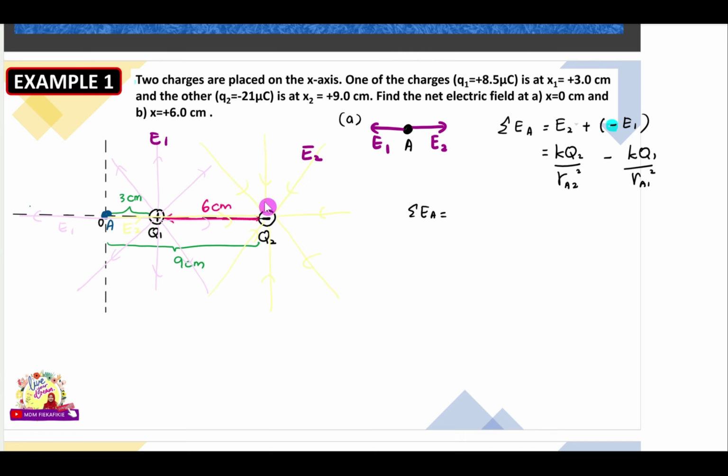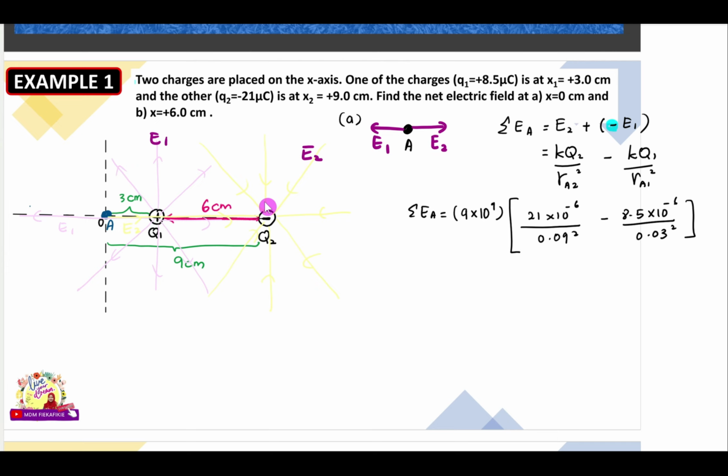Okay, so kita ada apa tadi? K 9 times 10 power 9. Q2 is given 21. Dalam calculation untuk electric field dan electric force, please don't substitute the negative sign of the charge. So 0.09 square, minus Q1 is given 8.5 microcoulomb, 0.03 square.